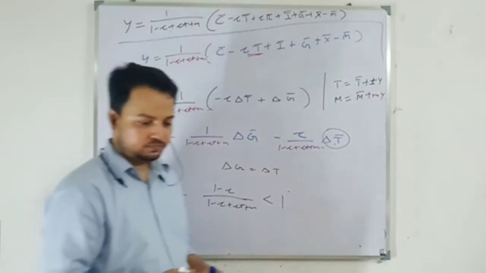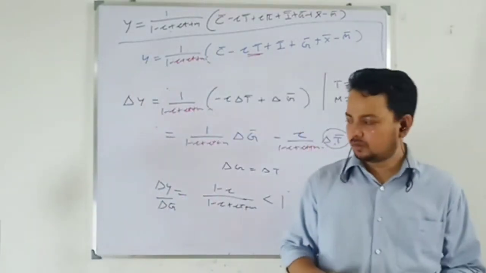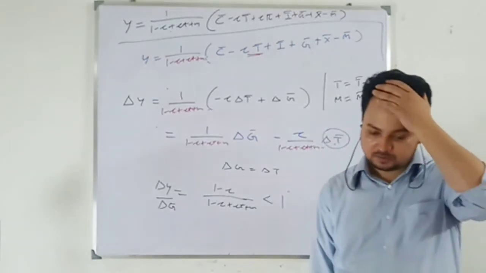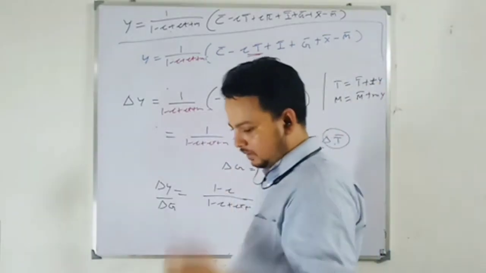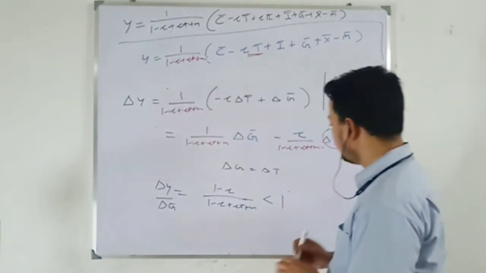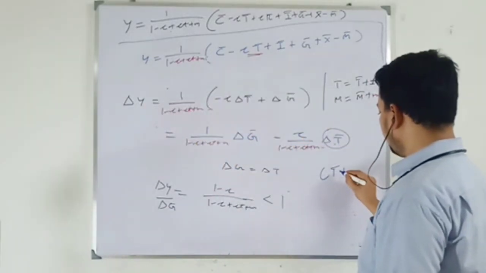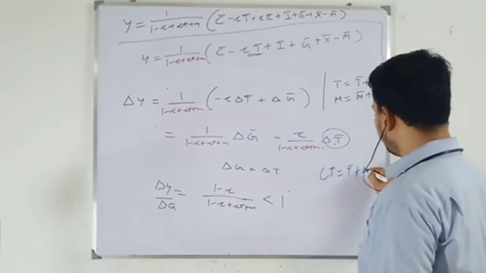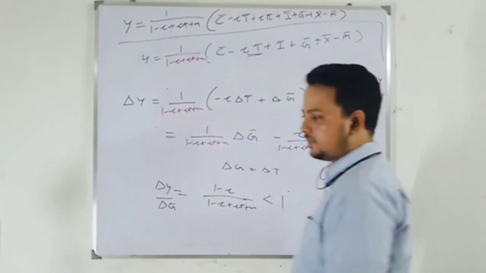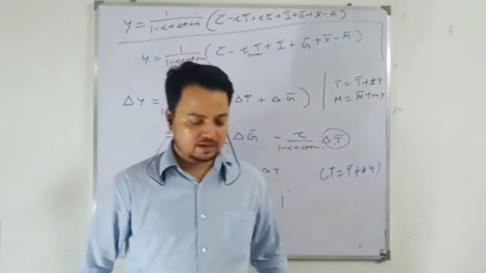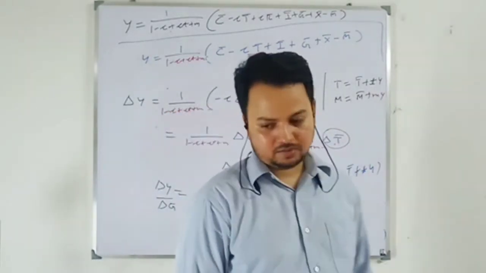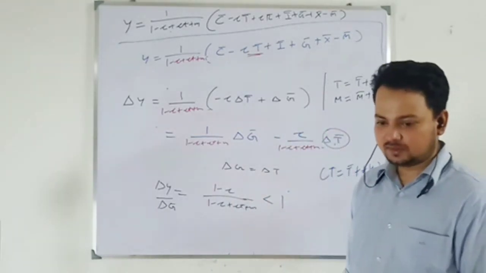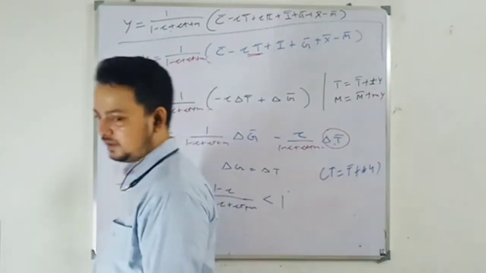So write down note number 1. If tax is a function of income, in the bracket you can write this thing to remember, T bar plus small t by, then BBM is less than 1. BBM means balanced budget multiplier. Then balanced budget multiplier is less than 1.